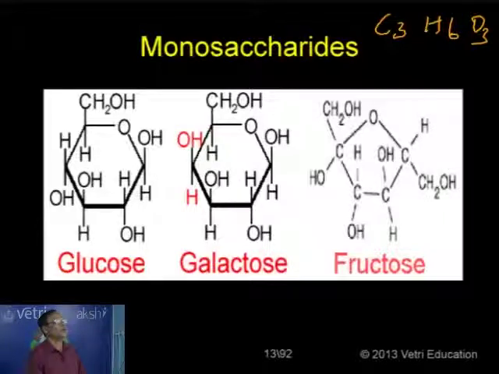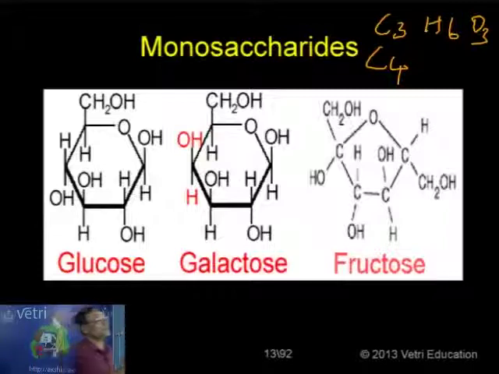And also, based on the number of carbon atoms, the second one is tetroses, like erythrulose. Then we have the pentoses in the form of ribose and deoxyribose sugars. And finally, we have the hexoses, the most abundant simple sugars in nature, having six carbons.